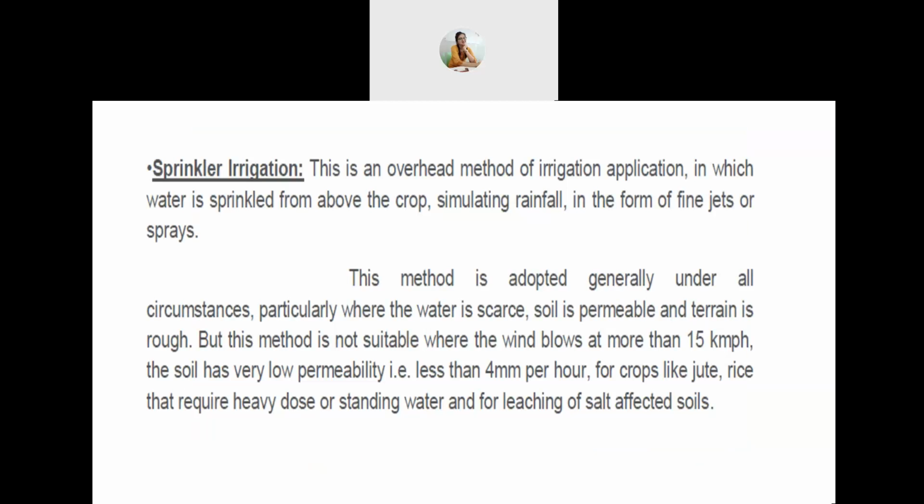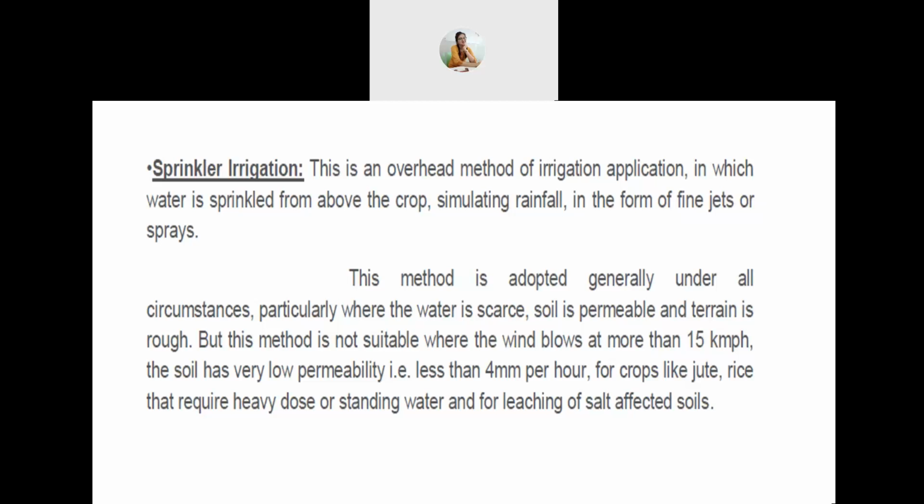Sprinkler irrigation. This is an overhead method of irrigation application in which water is sprinkled from above the crop, simulating rainfall in the form of fine jets or sprays. This method is adopted generally under all circumstances, particularly where water is scarce, soil is permeable, and terrain is rough.